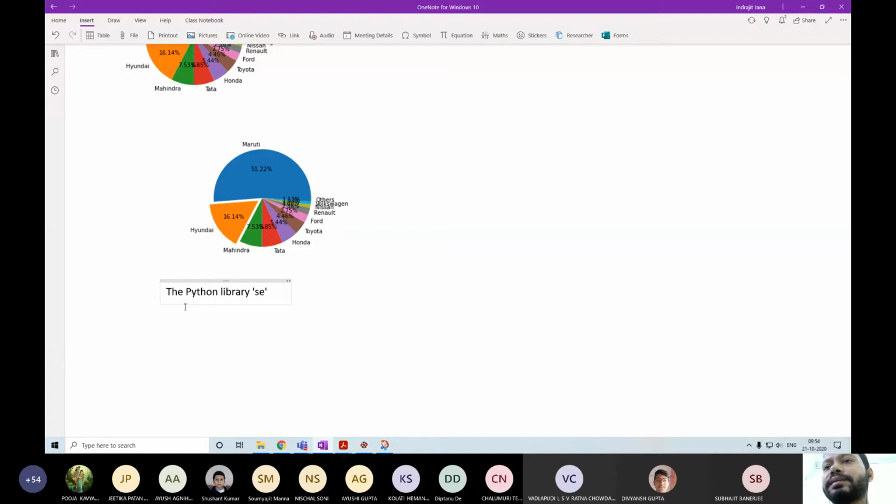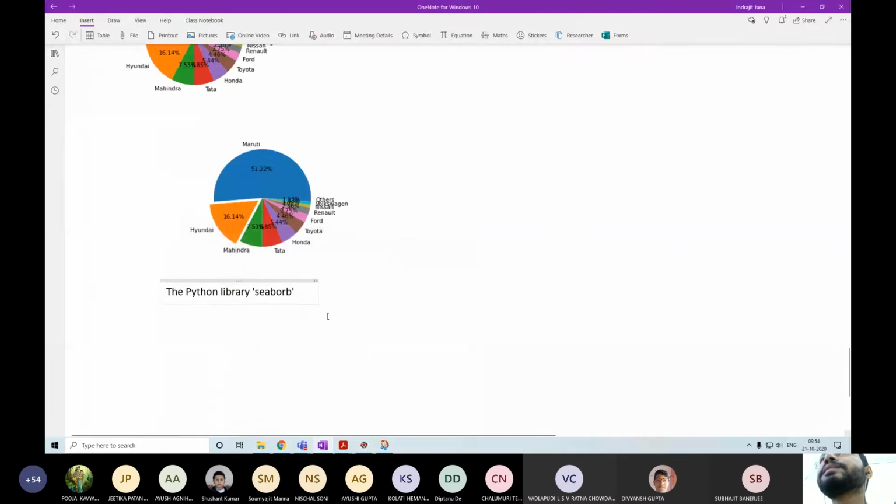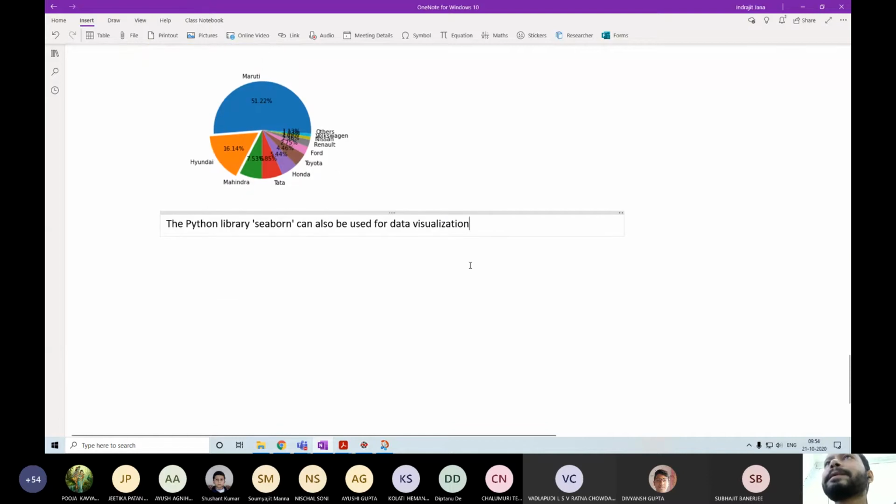It can also be used for data visualization, and also pie charts and everything using this library Seaborn.